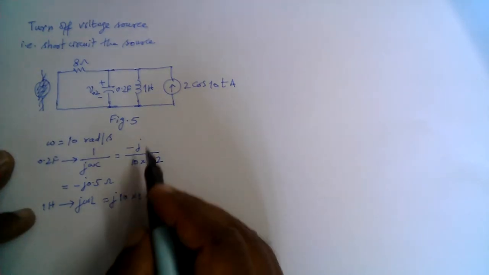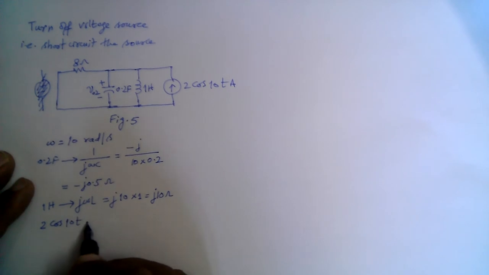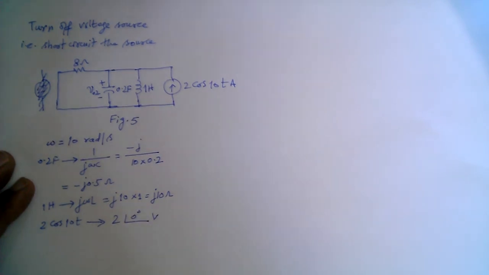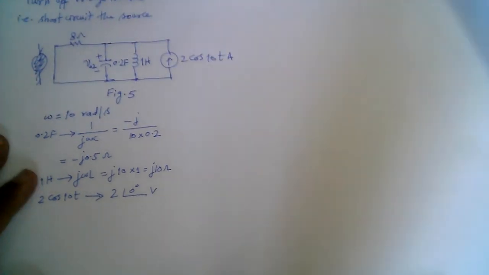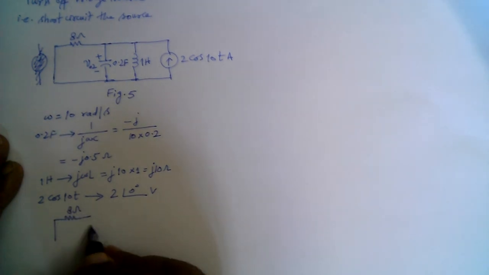And this source here, 2 cos 10t, will be transformed to 2 angle 0 degrees. So the revised diagram in the phasor domain: this is 8 ohm, right?